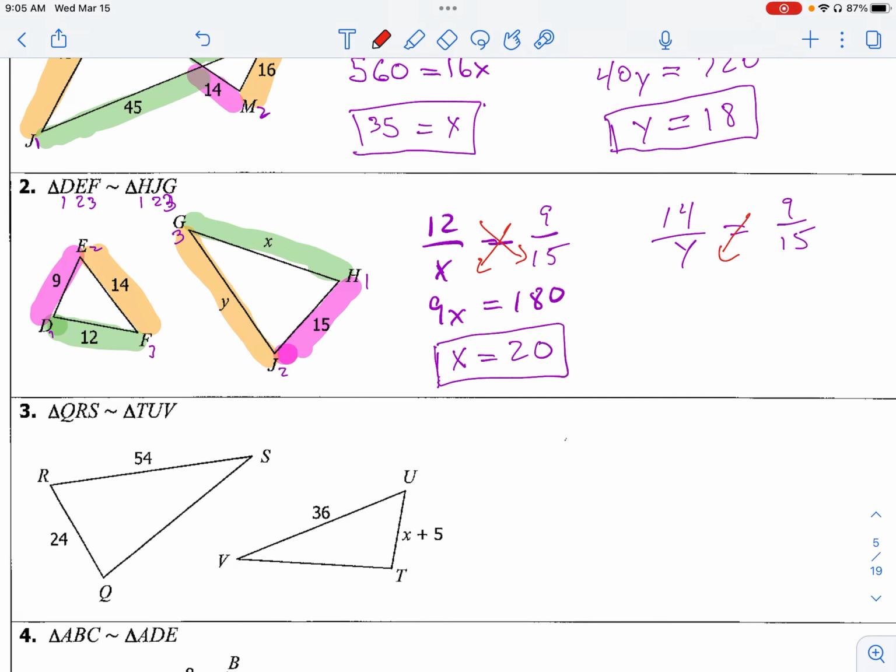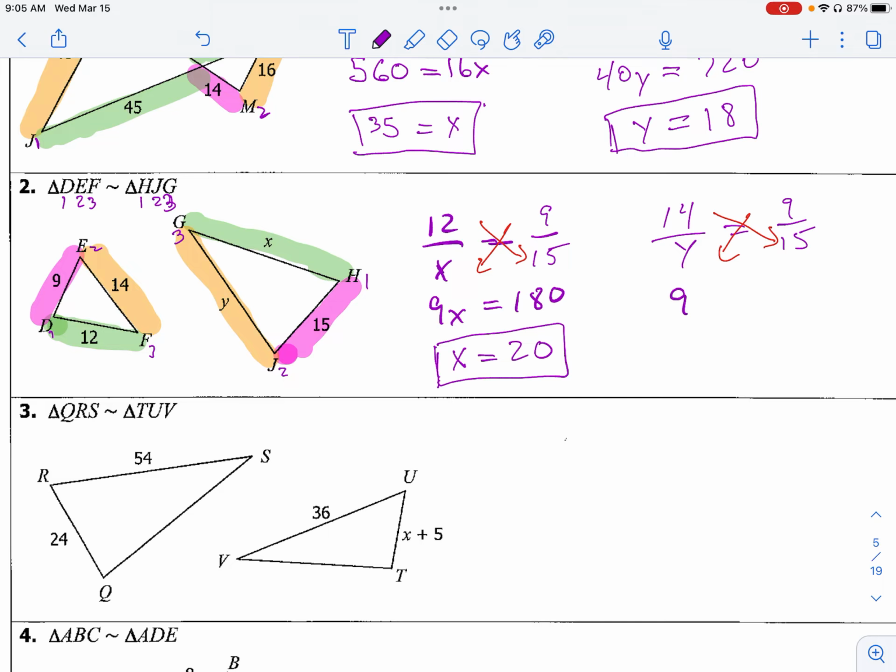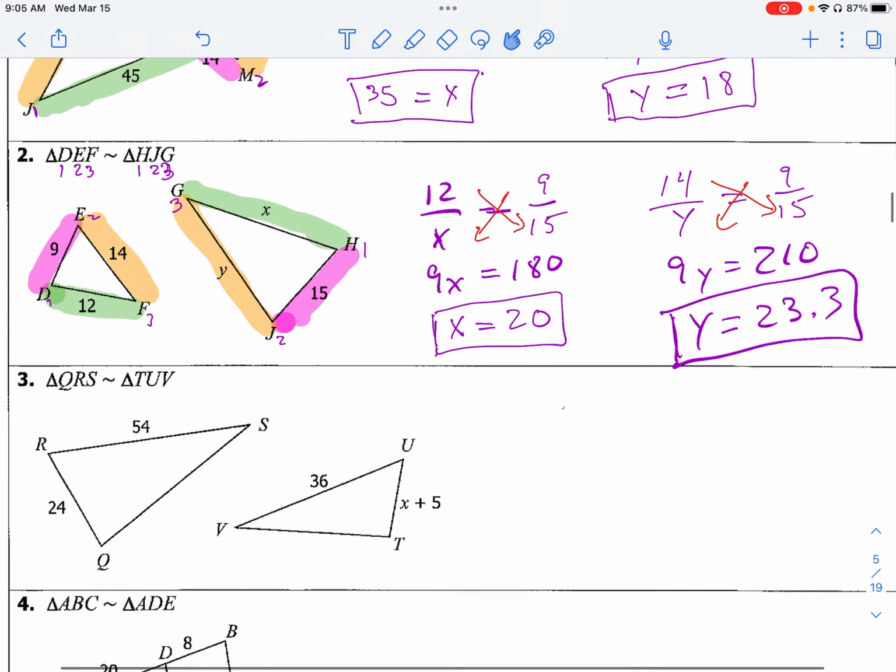We're going to cross multiply. And we're going to get 9Y equals 14 times 15, which is 210. Then we divide by 9, and we get Y equals 23.3. And we are done with that guy.